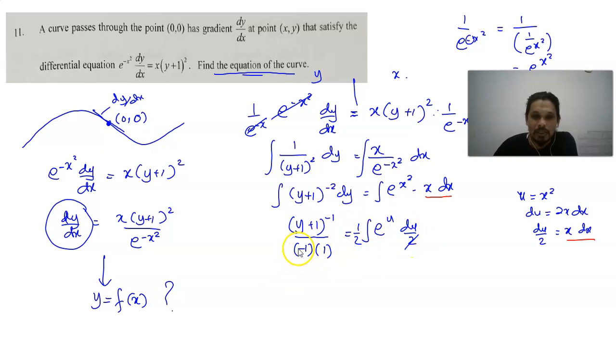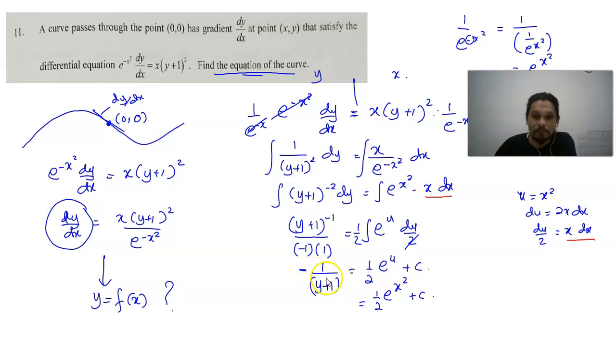The integral of e to the power of u is e to the u plus c. And don't forget to change this back into the term of x: 1 over 2 e to the x squared plus c.